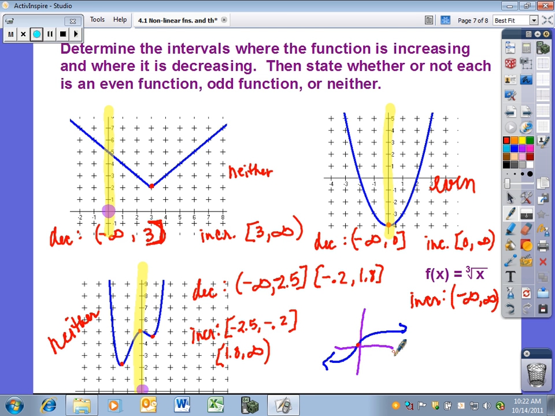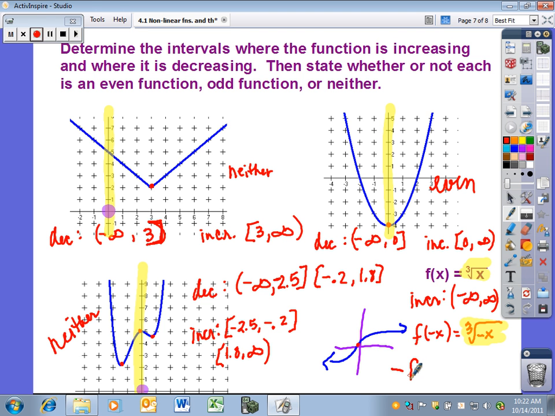So if it's an even function, if I put in a negative x, I should get the same function back. So let's put in a negative x. So I have the cube root of a negative x. Is this function, let me change colors, the same as my initial function? No. If it's odd, let's see if it's the opposite.